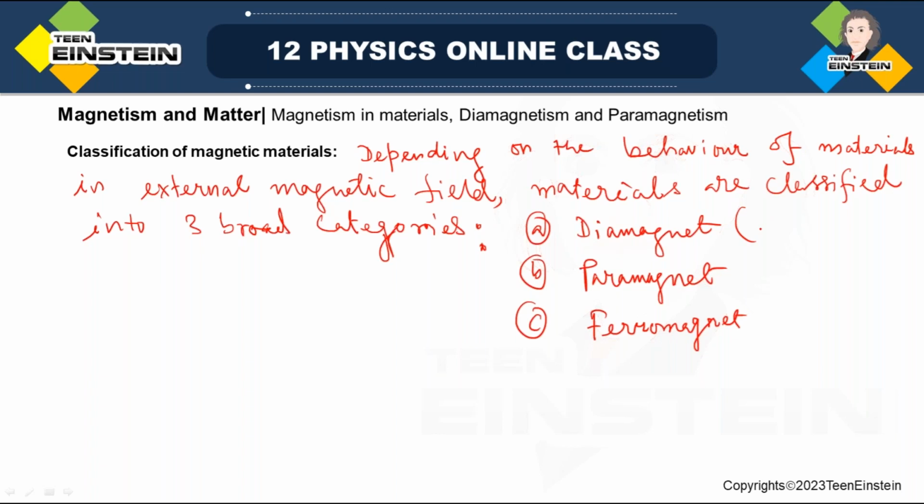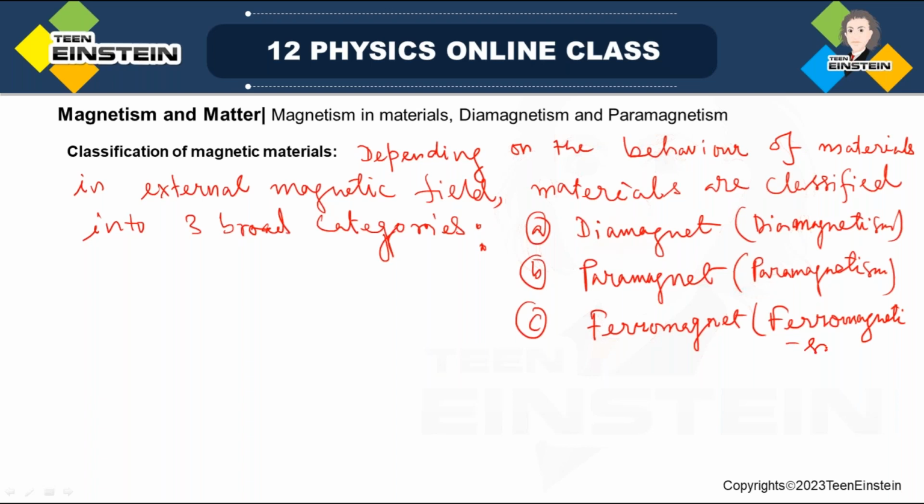And their properties are called diamagnetism, paramagnetism, and ferromagnetism. Okay, so these are three broad categories.